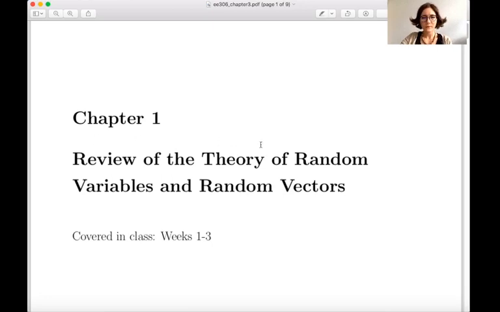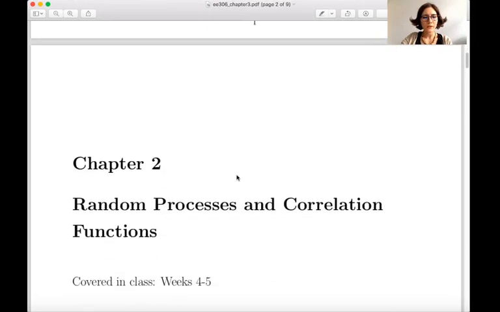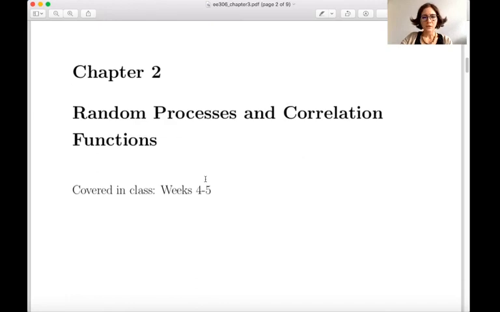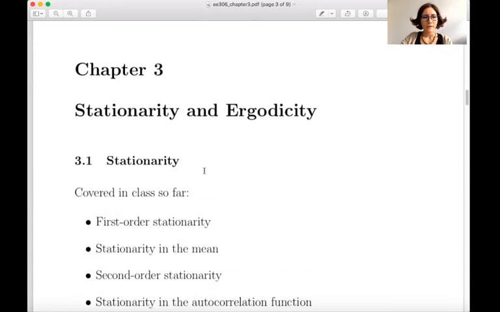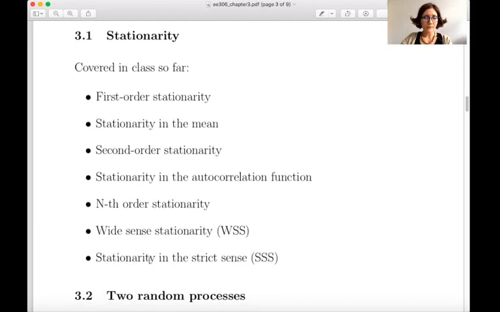Chapter 1 was a review of the theory of random variables and random vectors, covered between weeks 1 and 3. Then we started random processes and correlation functions, covered on weeks 4 and 5. And then we started the last topic, stationarity and ergodicity. I guess all the sections covered the content listed here.